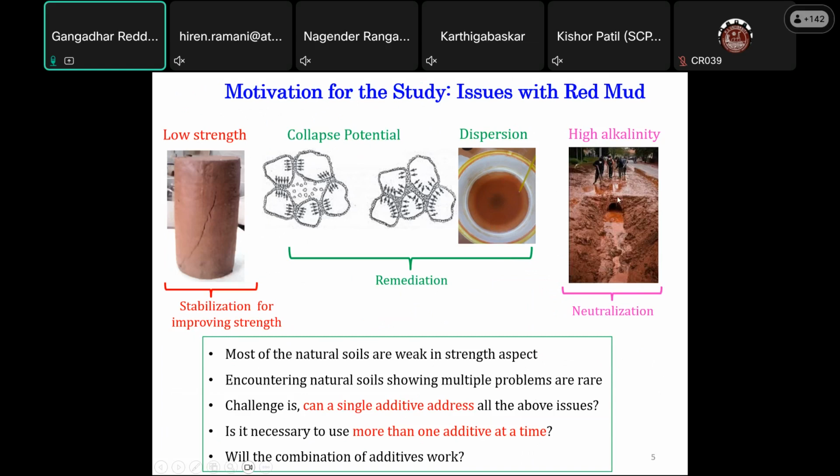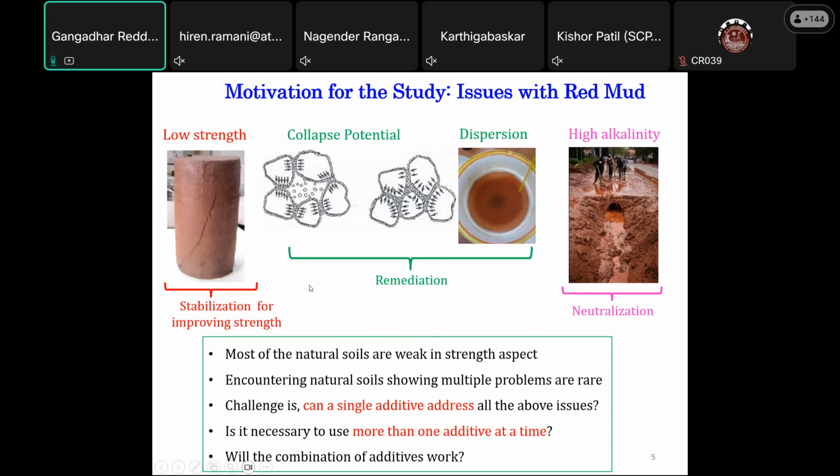On another side, there is an environmental issue, that is high alkalinity. Most of the papers say that you have to neutralize this red mud before utilization in different applications. So what motivated me is that it's not a single issue. It's about four different kinds of issues, in the form of geotechnical and environmental ones, as I have presented here.